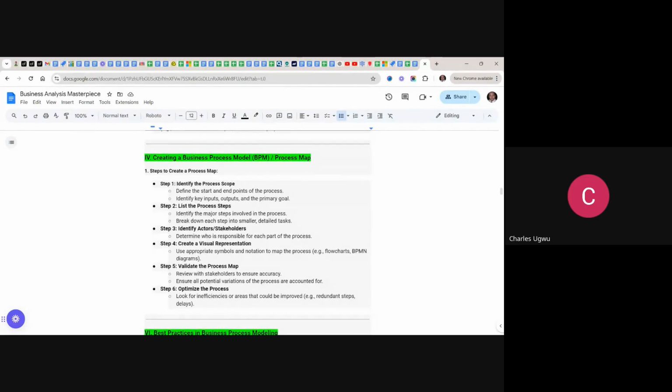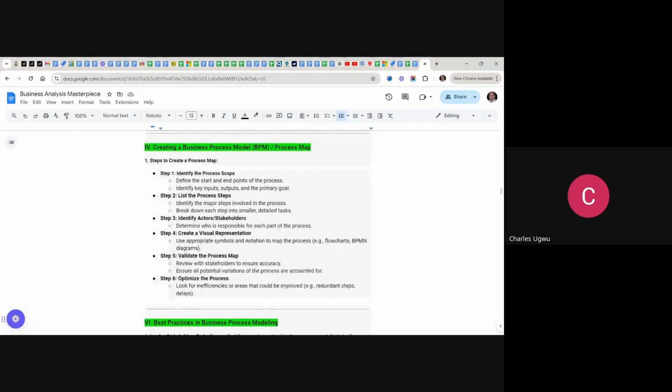Identify actors and stakeholders: determine who is responsible for each part of the process. Create a visual representation: use appropriate symbols and notation in your map, such as flowcharts or business process map notation diagrams.